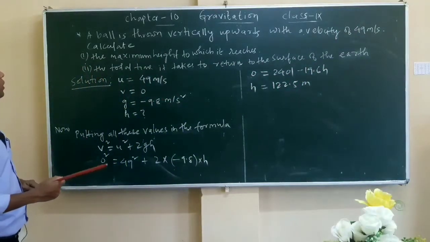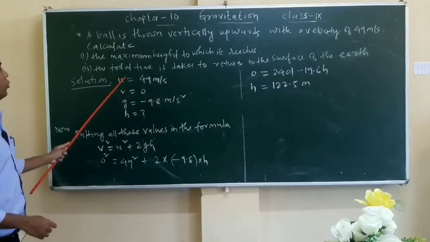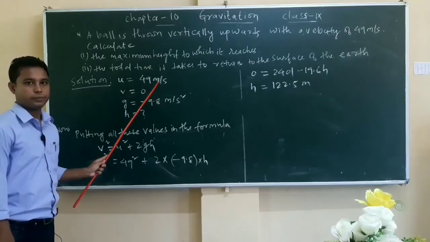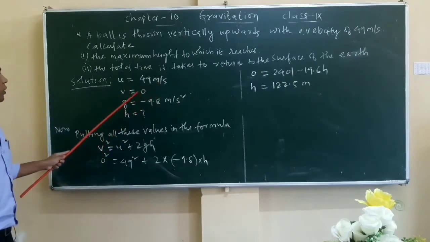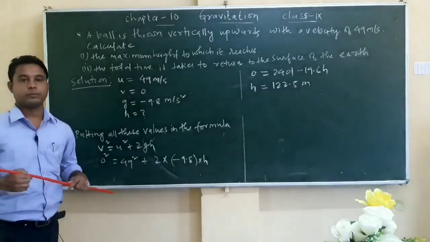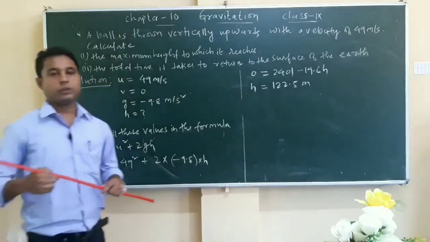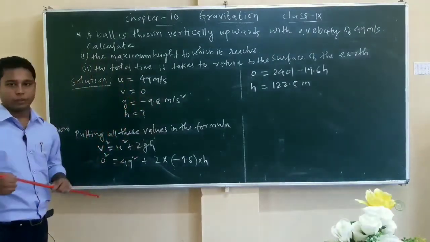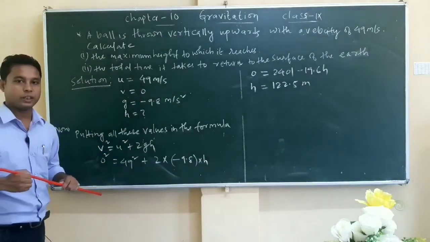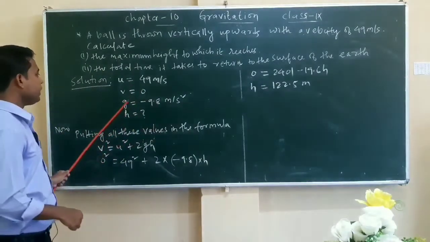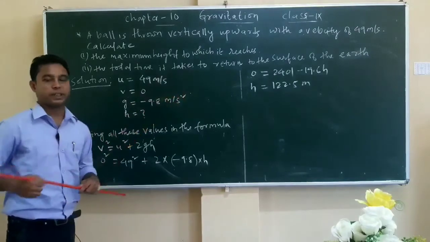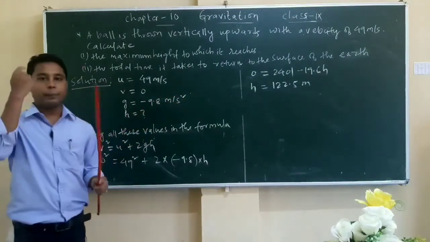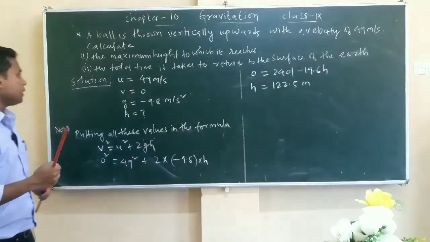So u, that is initial velocity, is equal to 49 meter per second and v is equal to 0, because when an object is thrown vertically upwards, final velocity v is equal to 0. g is equal to minus 9.8 meter per second square. This is negative because it is thrown vertically upwards against the gravity.